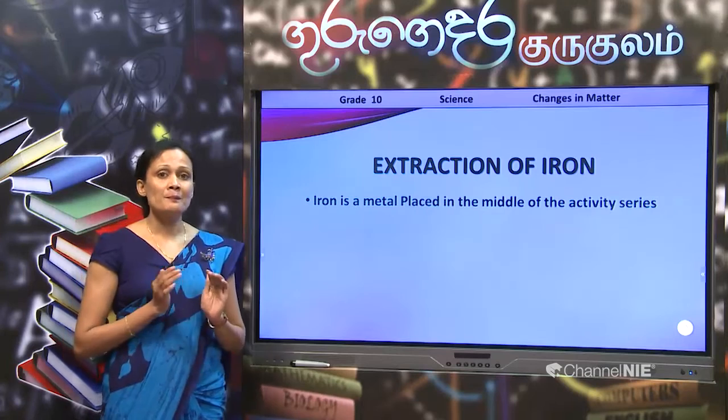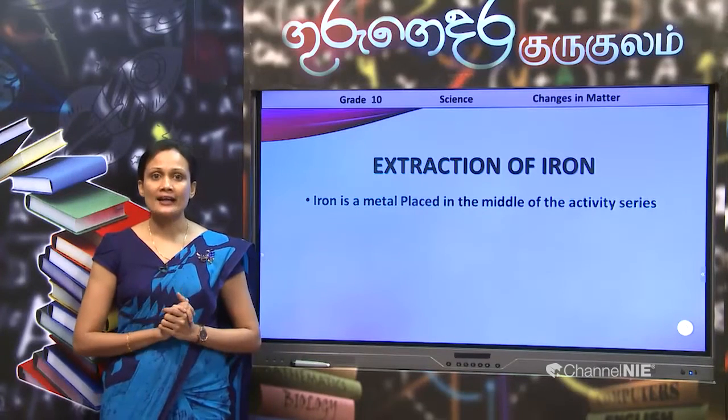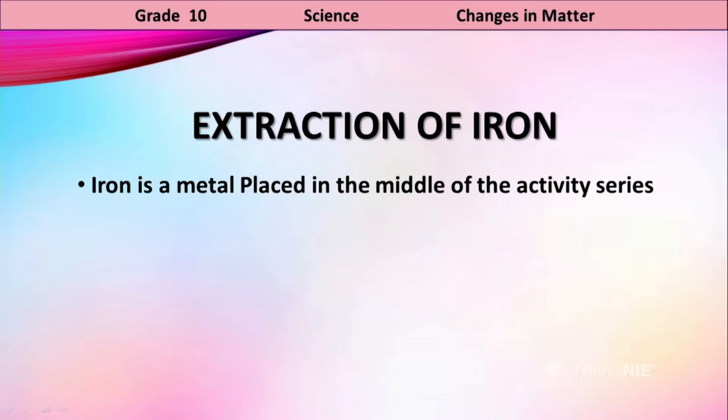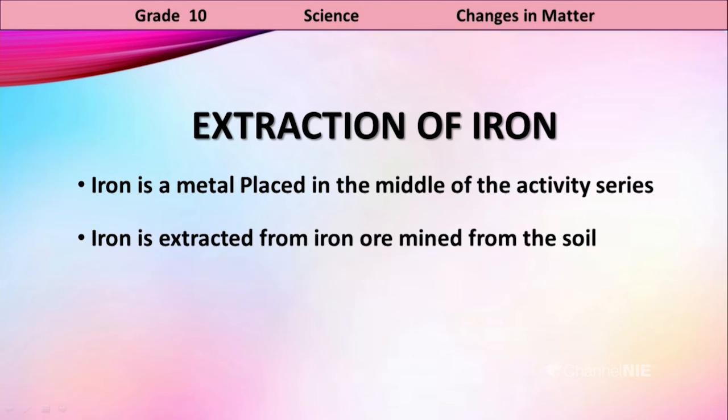Now I am going to discuss the extraction of iron. We are not going to discuss all the methods of extracting metals, but here the extraction of iron. We know iron is placed in the middle of the activity series, and if we need to extract iron, first we need to obtain iron ore.